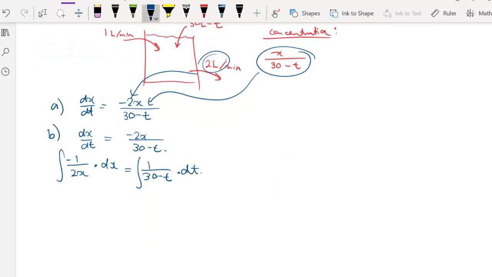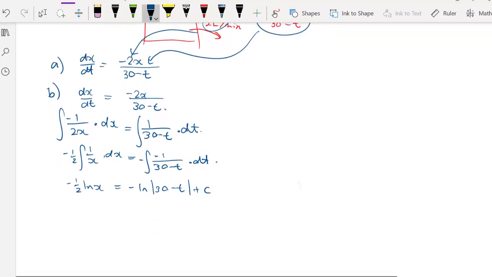Now if we take out the coefficient, -1/2, the integral of 1/x dx is a simple integral. And if we make the numerator -1 here, again it's a simple integral: -1/(30 - t) dt. So here we've got -1/2 ln x and -ln(30 - t) plus C.